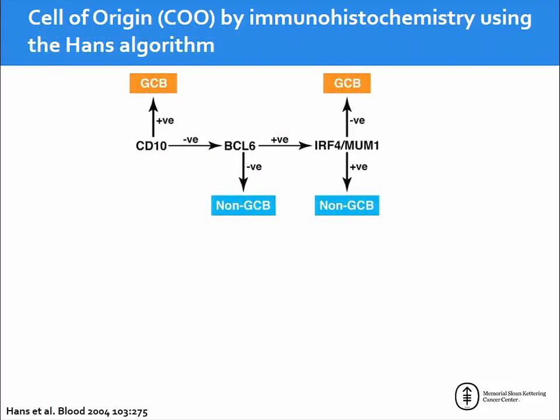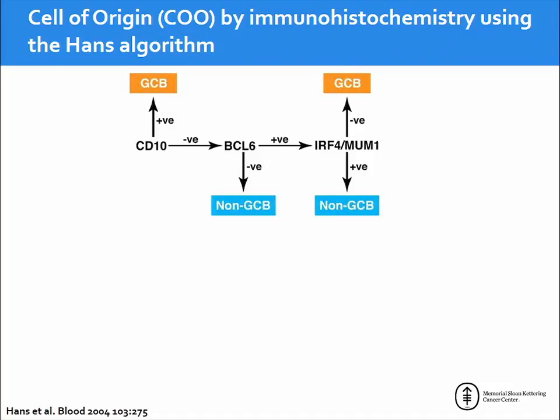So this is the most common immunohistochemical algorithm. It's called the Hans algorithm. It's based on three antibodies: CD10, BCL6, and IRF4/MUM1. The order that you look at these antibodies actually is really important. Different algorithms look at the antibodies in a different order. Hans looks at CD10 first. If you're CD10 positive, you're done.